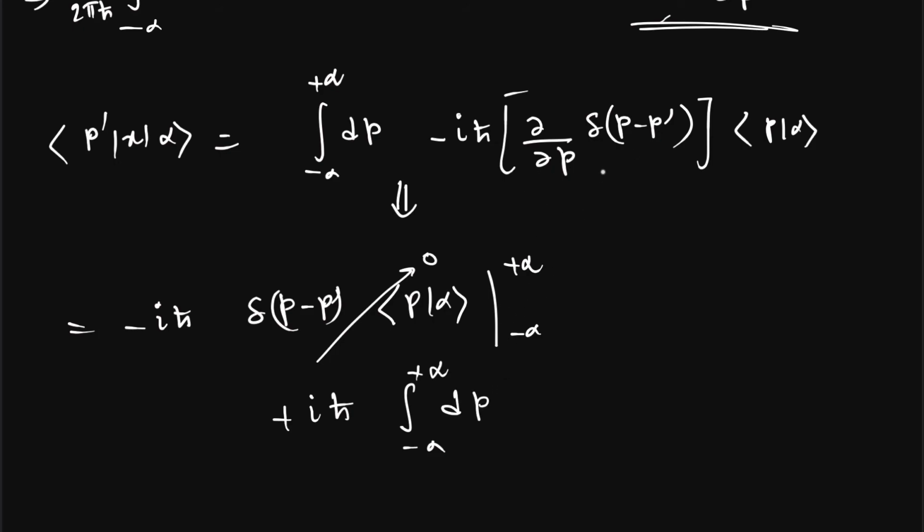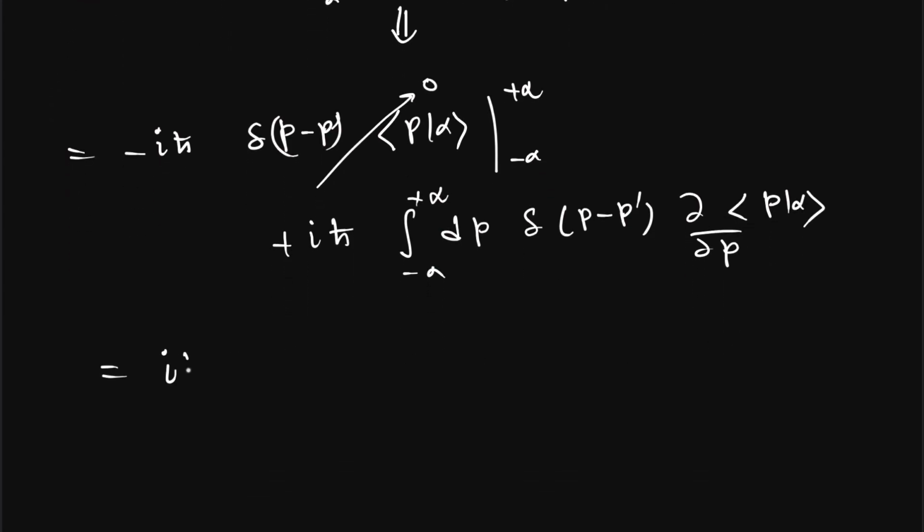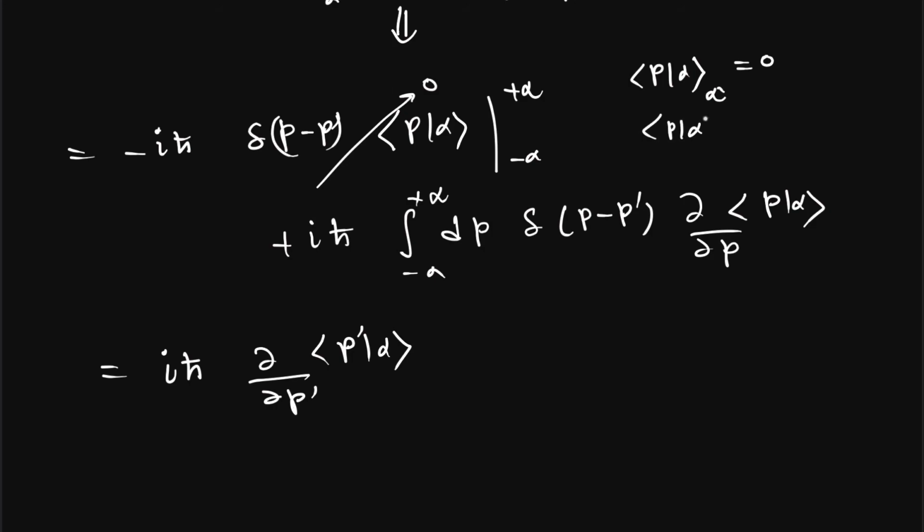dp, δ(p − p′) and ∂/∂p of p α, that means iħ. This will be p′, and the integration will give ∂′ p′ α. Here we have used that p α at infinity is equal to 0 at plus infinity and minus infinity.